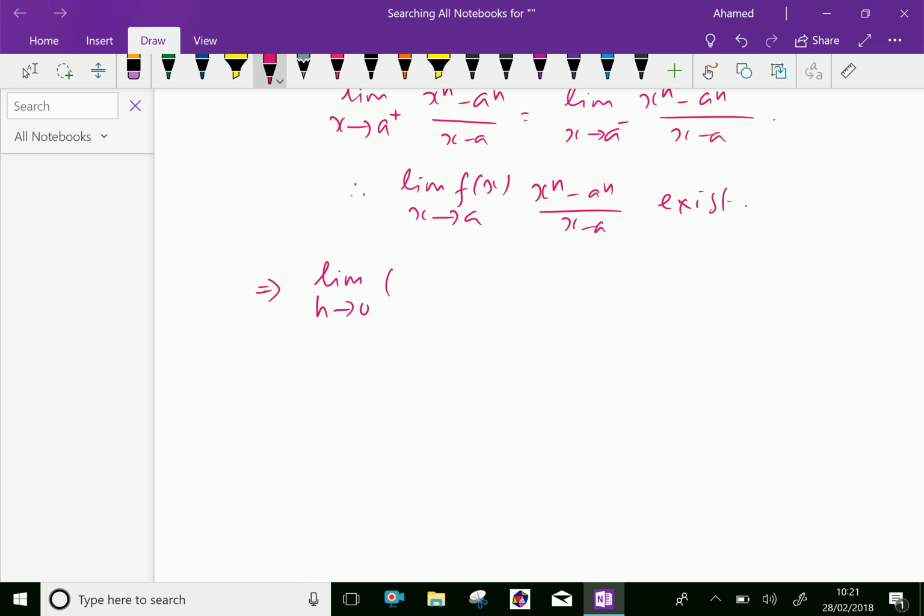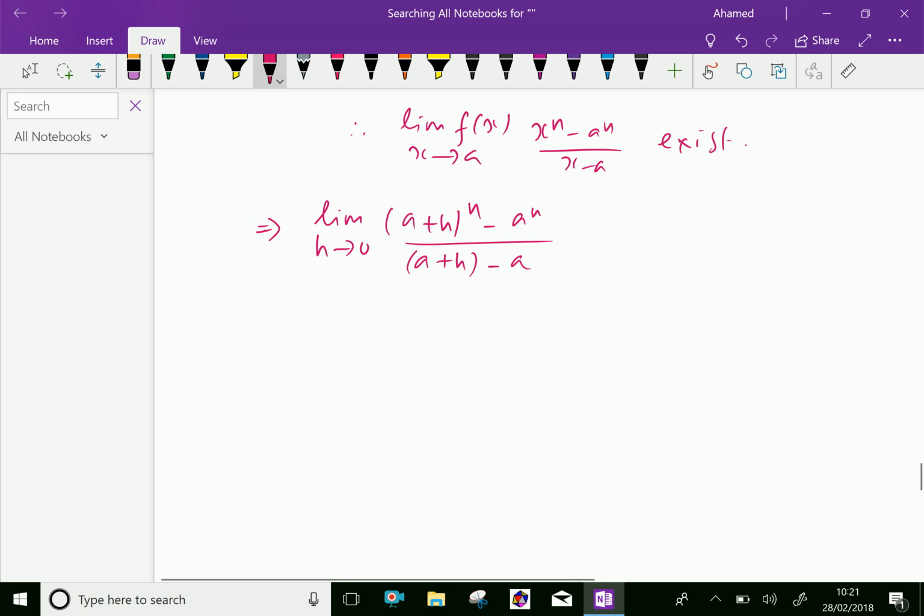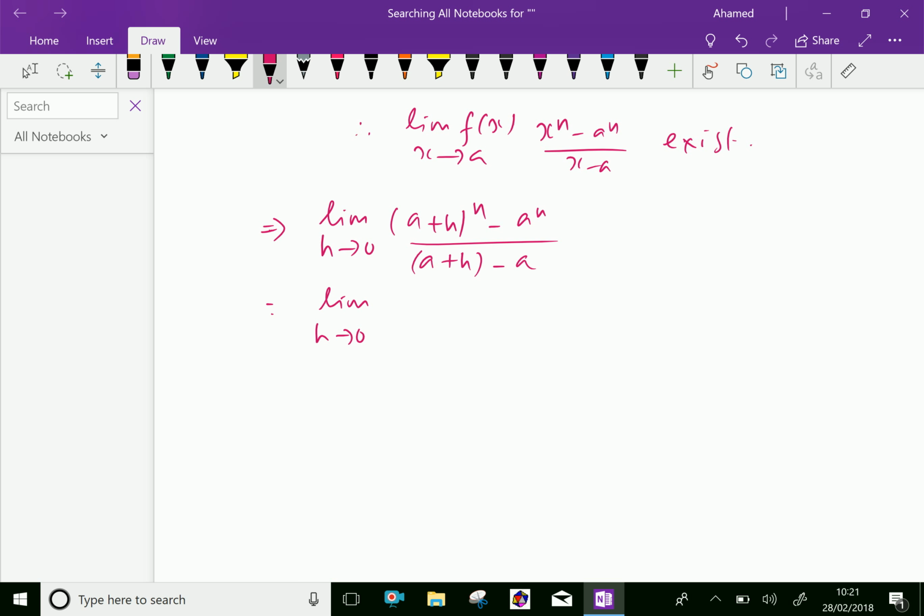So we have a small increment h, with x equal to a plus h, giving the limit as h tends to 0 of ((a plus h)^n minus a^n) over ((a plus h) minus a). If x tends to a, then h tends to 0.